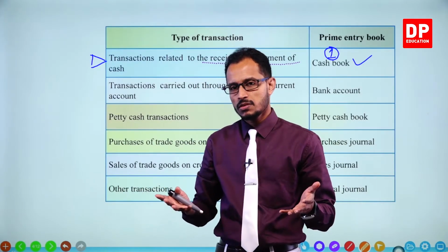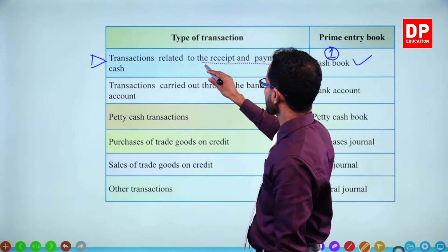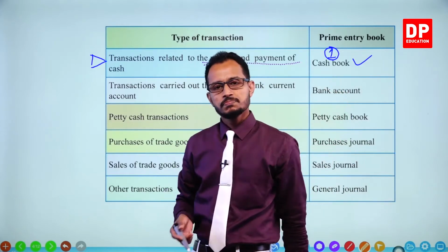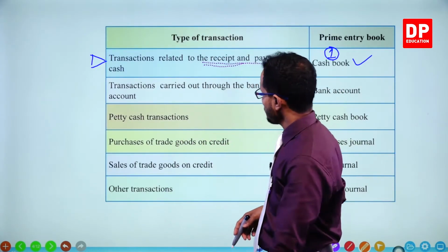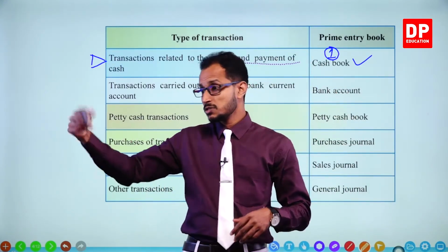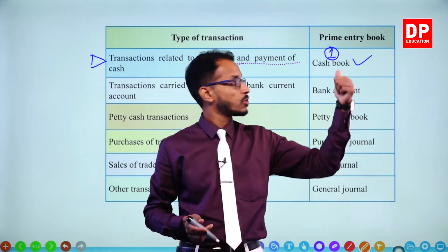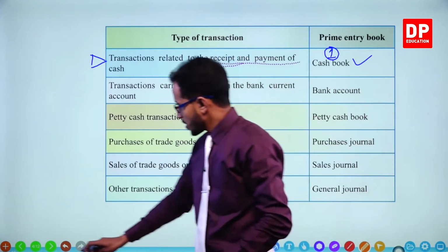Receiving. You say receipt. That's also a cash transaction, so it goes to this. Likewise, simple. All the cash transactions should be recorded in this. All these amounts spent and all these amounts received should be recorded in this book. Okay. Cash book.